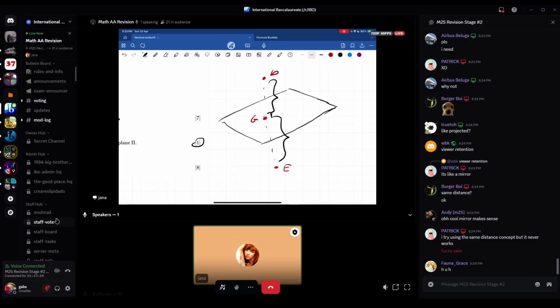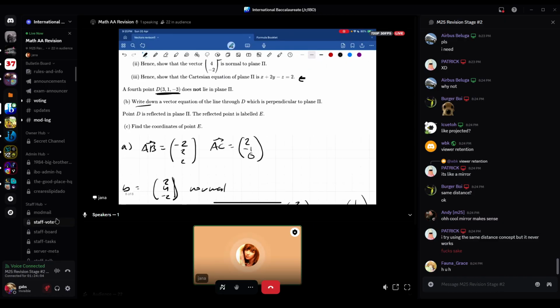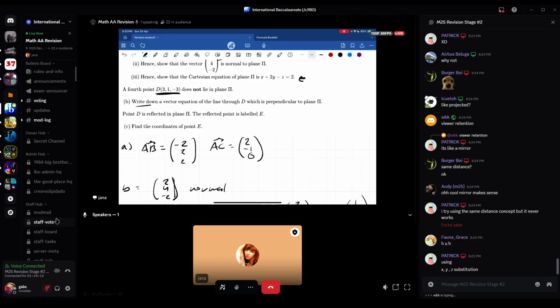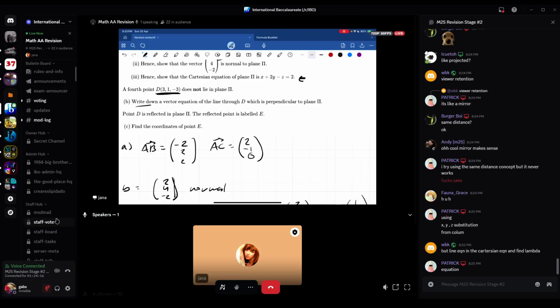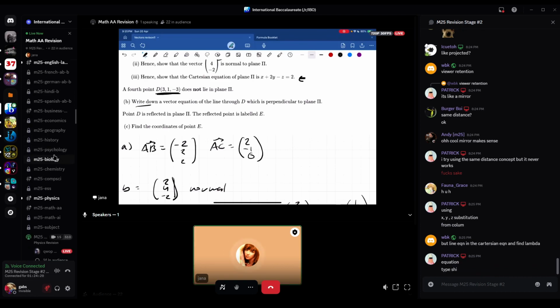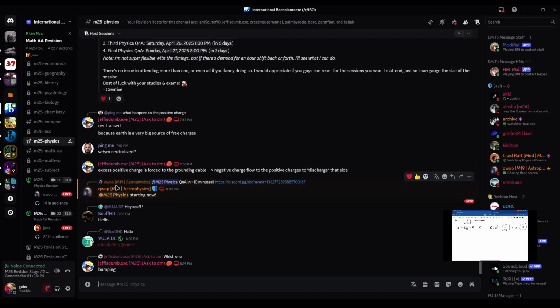How can we find point G, or the intersection of this line and the plane? Yes, use the parametric equation of the line. Not Cartesian, parametric, because you have to look for lambda.